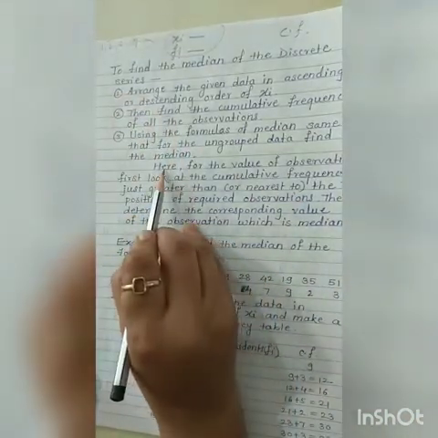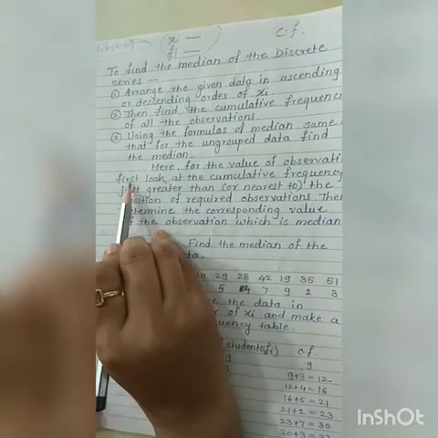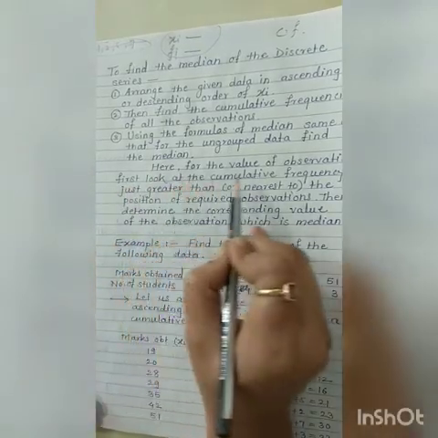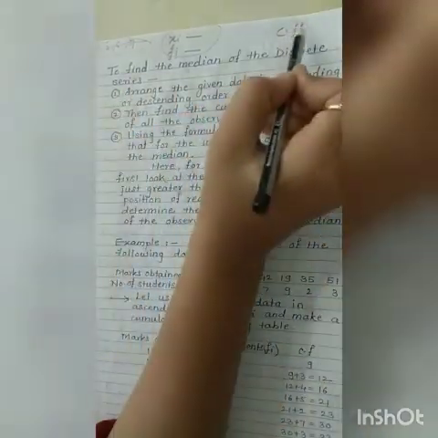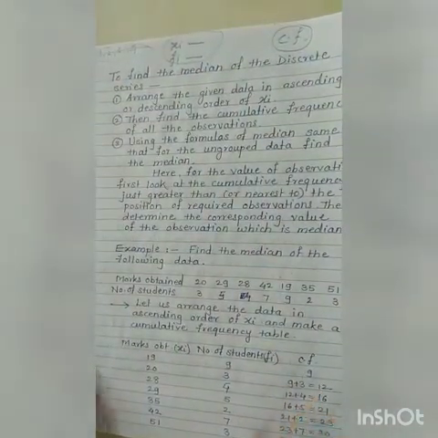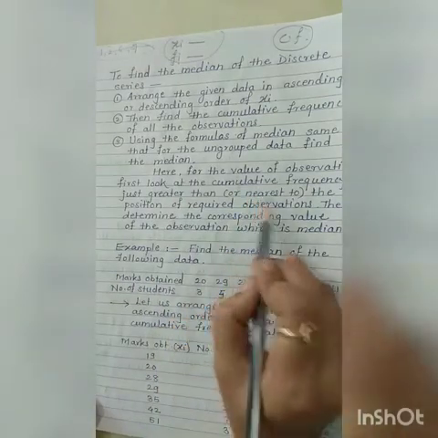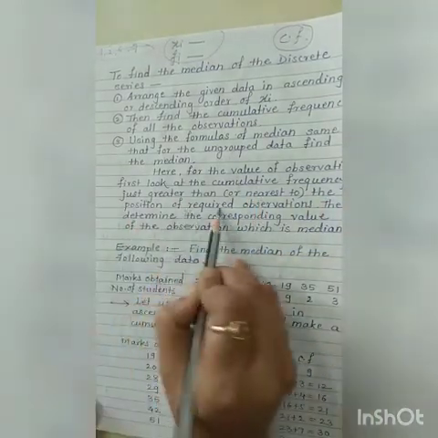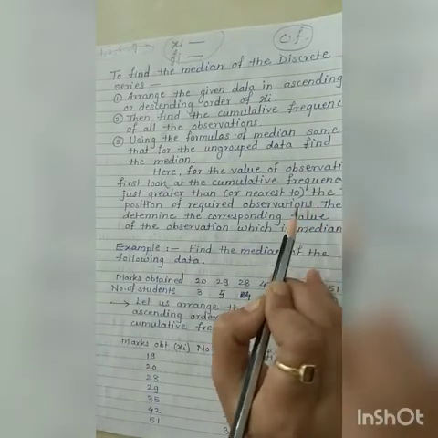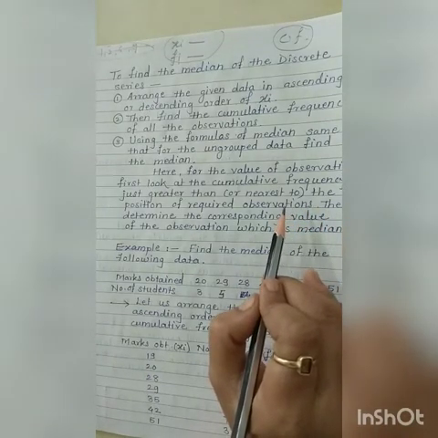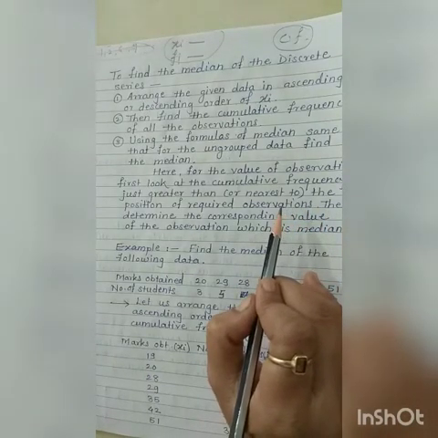For that, here we have to first look at the cumulative frequency. Now we have to observe the cumulative frequency which is just greater than and nearest to the position of the required observation. Suppose our median is 6th observation.